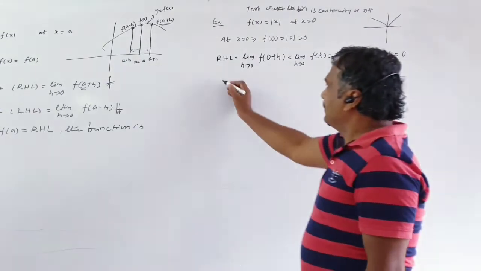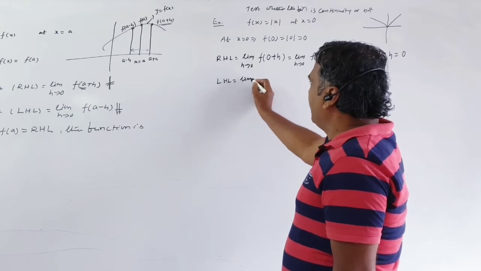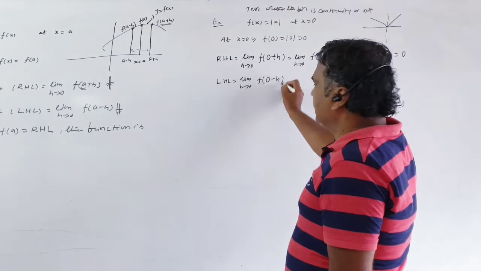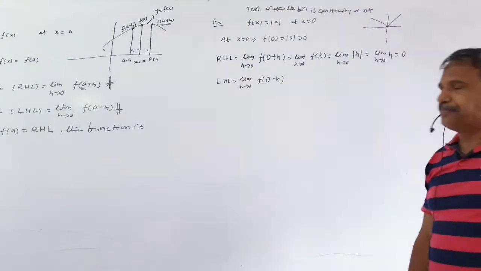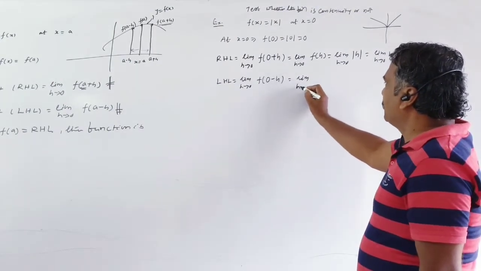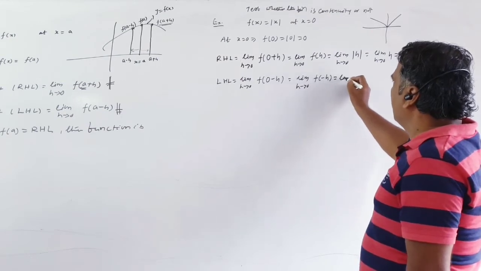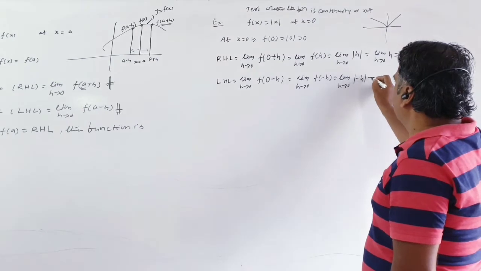So next one is the left hand limit. Limit x tends to 0 minus h, that is, less than 0 minus h. Now this part equals limit h tends to 0 of f of minus h, which is mod of minus h.